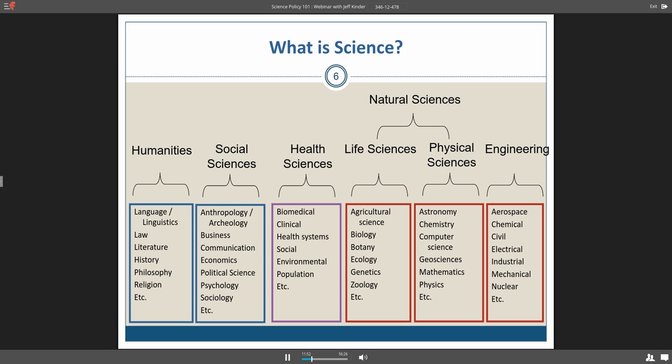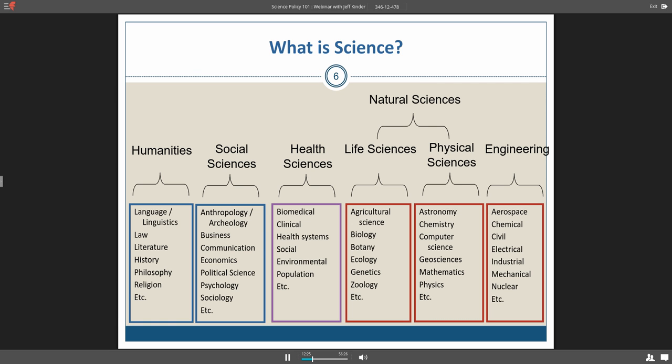And then as you go further to the left of the slide, in some camps, it becomes a bit more controversial as to whether or not these are included in science, but the social sciences and humanities are also included in the way I'm defining science. And just a final point on this slide, not only have we grouped the disciplines into these buckets, but our funding granting councils are also organized around these.